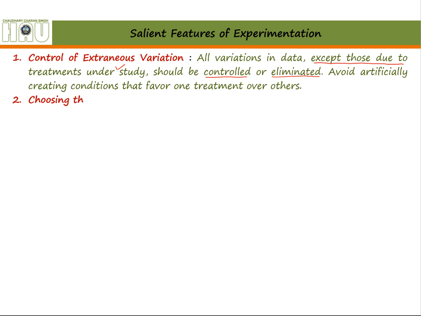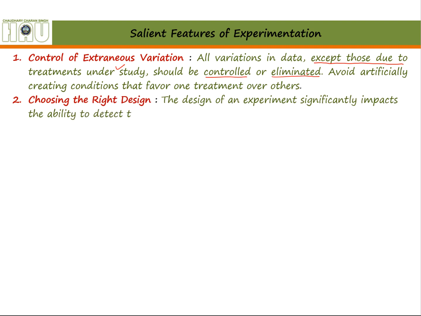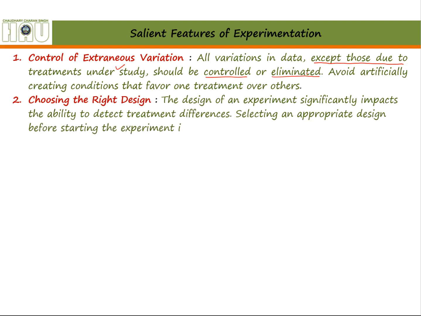Then number 2, choosing the right design. The design of an experiment significantly impacts the ability to detect treatment differences. So selecting an appropriate design before starting the experiment is very important in order to get meaningful results. Number 3, adequate replications.